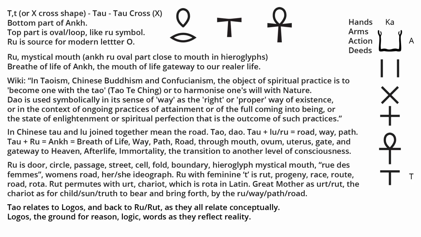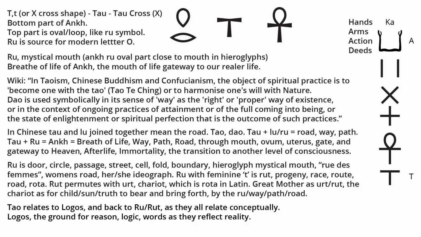Not just the Tao symbolically referenced as the right way and the right road, the proper road and the proper way. If you take Tao and Lu, you join them together, it's Tao Lu. But if you know your words and your philology, L and R are interchangeable, so Tao Lu is Tauru. That's what we're talking about, Tauru.